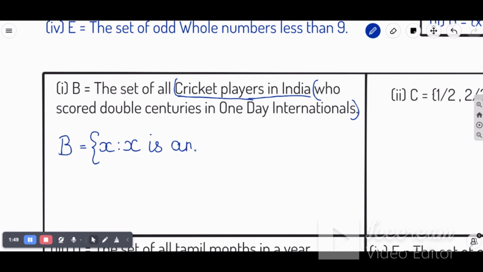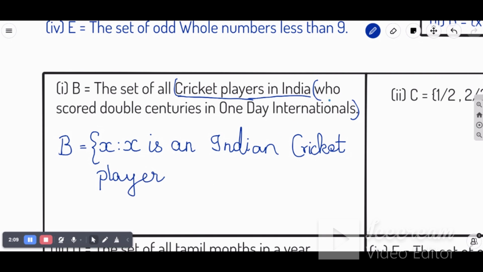So let me write it as is an Indian cricket player, because it is a longer sentence, and then you can write who scored double centuries in one day internationals.